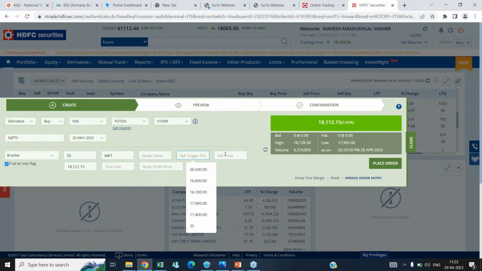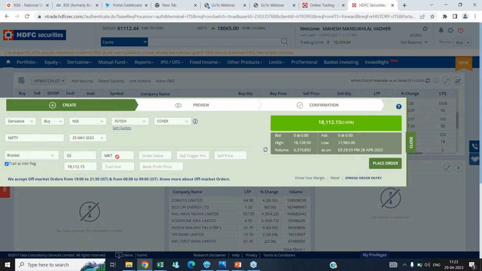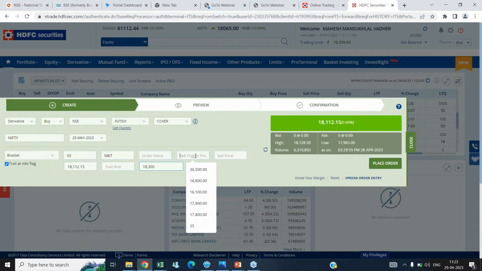Your first leg order, as I mentioned, will be at the market price by default. In this same order you can place the book profit price. Suppose I want to book profit at 18,300.